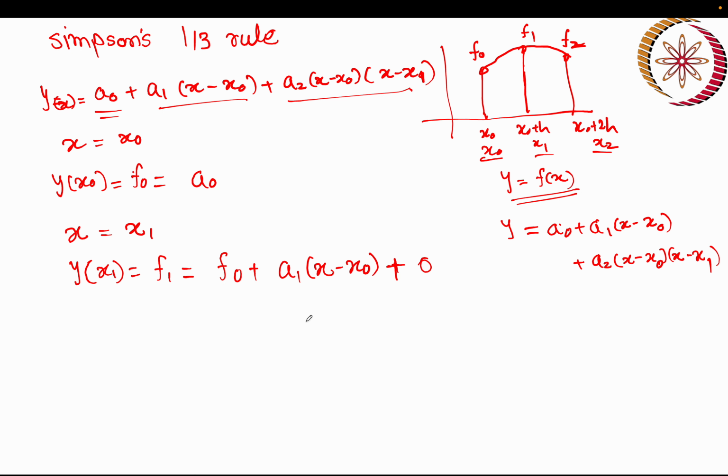So we find a1 is f1 minus f0 divided by x1 minus x0.